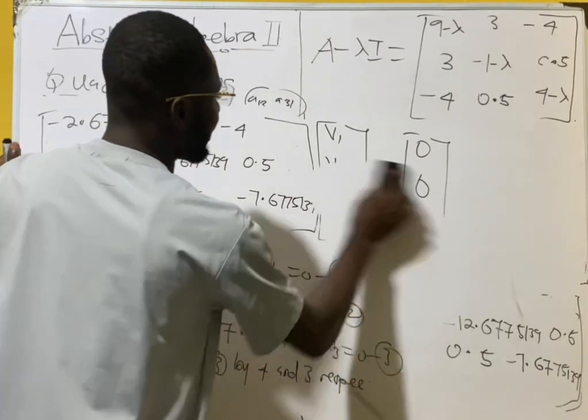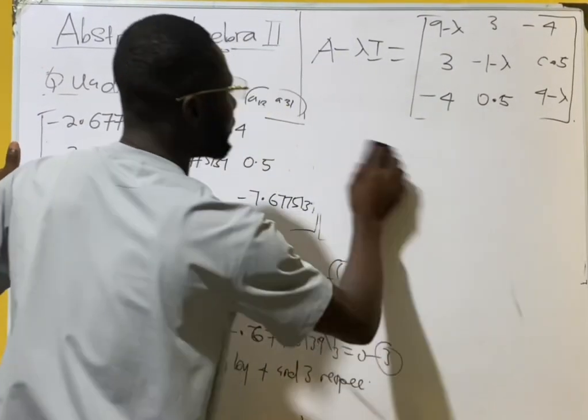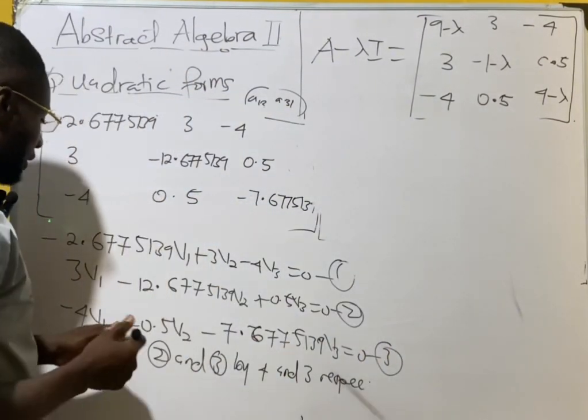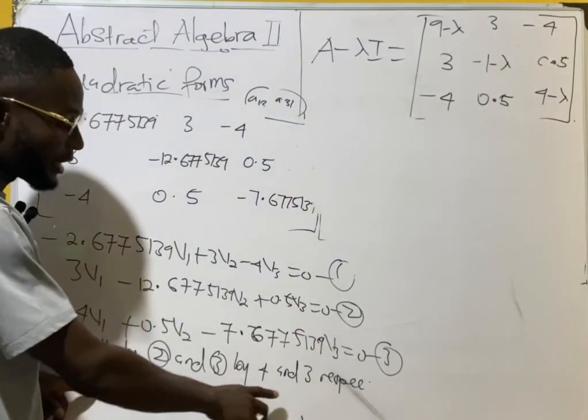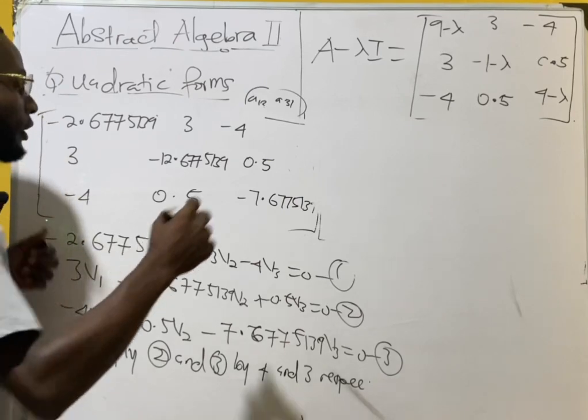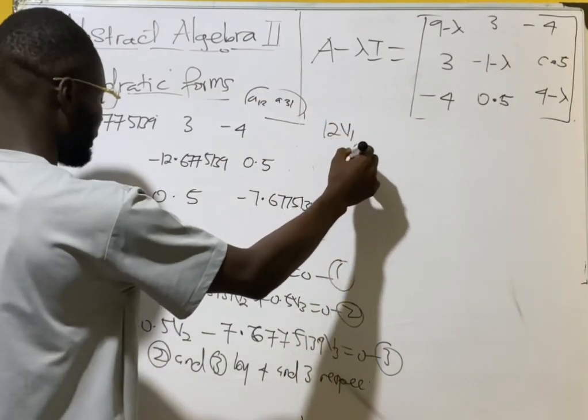Okay, so I can clean this off. So here, when you multiply equation 2 and equation 3 by 4 and 3 respectively, we are going to have 12V1.